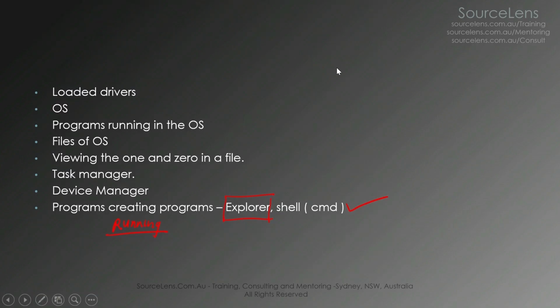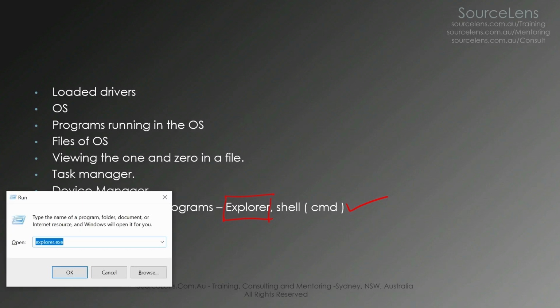Another program which advanced users in Windows normally use to start other programs is called the command prompt. Let me show you that as well. Windows R. I'm using the shell itself, the Explorer itself, so this Run is coming from the Explorer, to start cmd.exe.